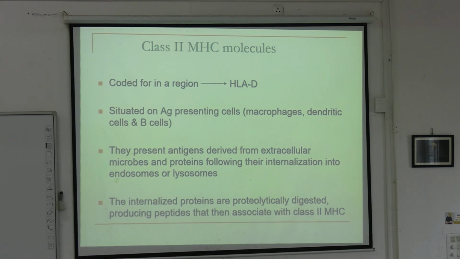So that's why they are mainly situated in the macrophages, dendritic cells and the B lymphocytes. They present antigens derived from extracellular microbes and proteins following their internalization into the endosomes or lysosomes. The internalized proteins are proteolytically digested, producing peptides that then associate with class 2 MHCs.